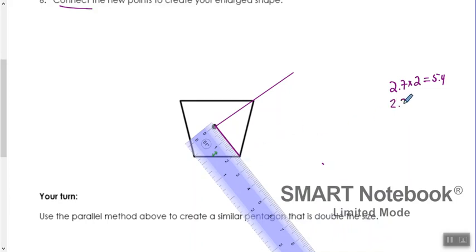So 2.3 times 2, we get 4.6. So this line needs to go out all the way to 4.6.